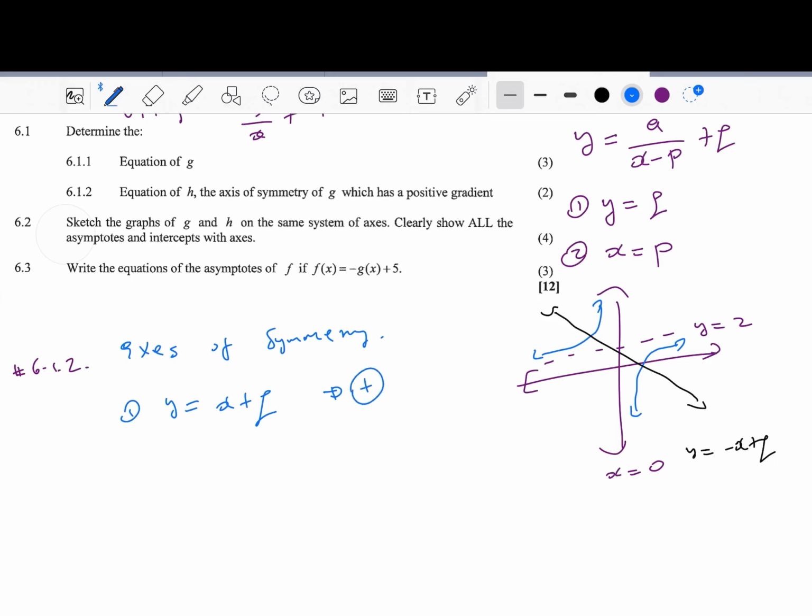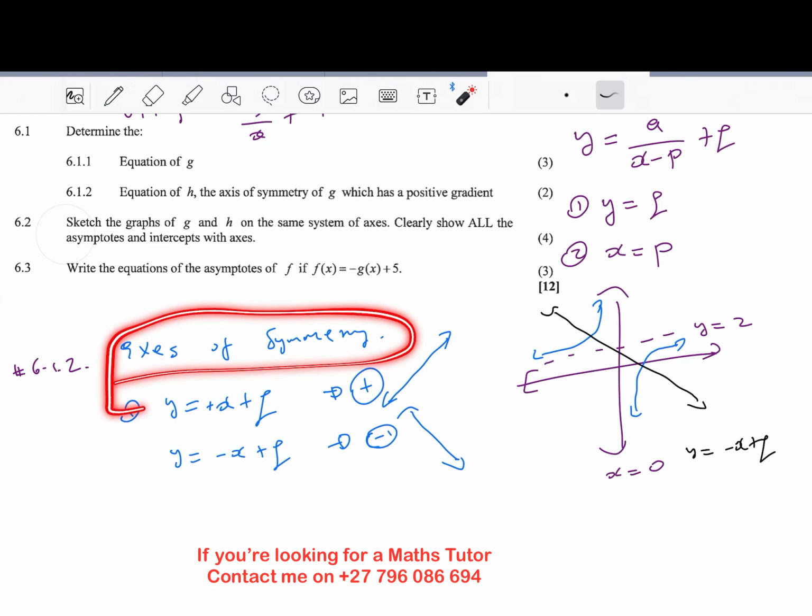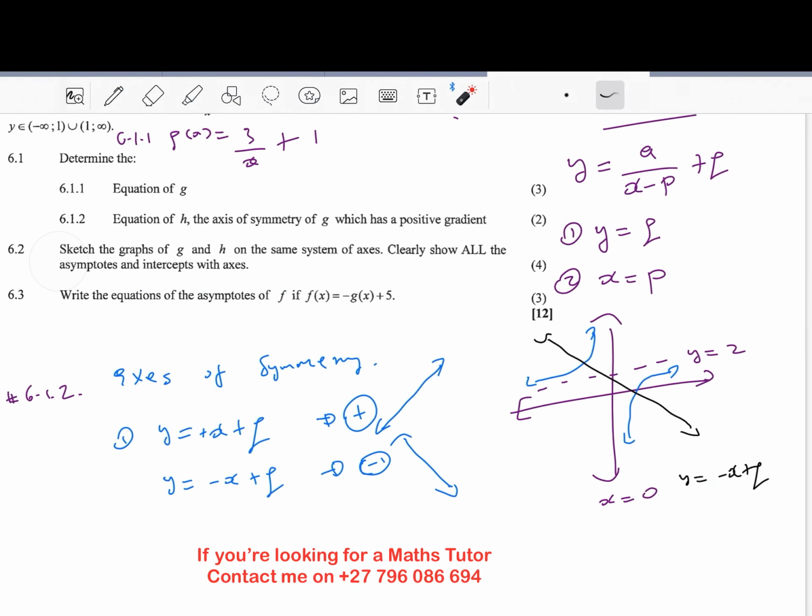Or y is equal to negative x plus q. This is when we have a negative gradient, meaning the line is facing that direction. A positive gradient means the line is facing the other direction. So these are the general equations of an axis of symmetry, and in this case it's easy.